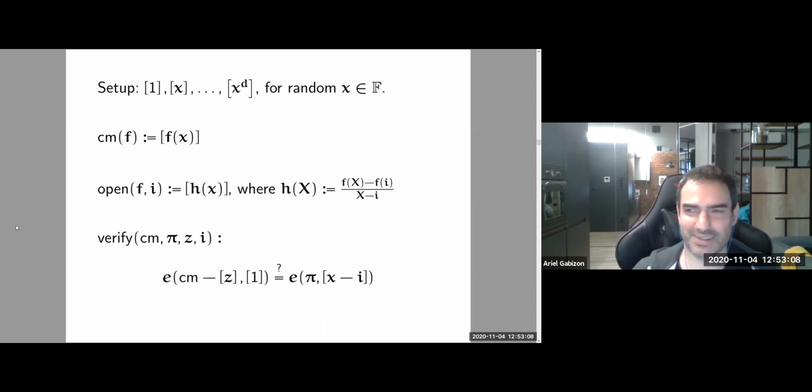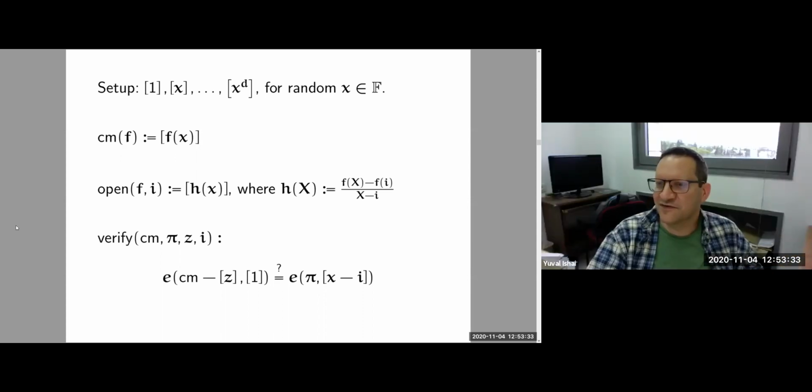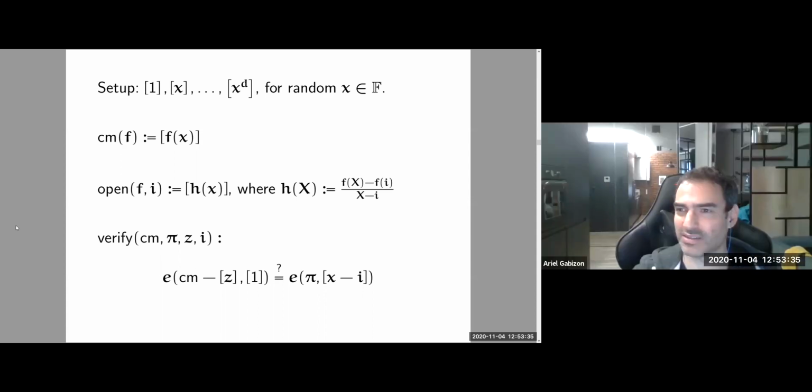What the algebraic group model says is that whenever the adversary outputs a group element, you need to assume that the way he manufactured this group element is by a linear combination of group elements he's already seen. Yeah. This is not different from the random oracle model, right? It's the same. And the random oracle model is so pervasive in practice.